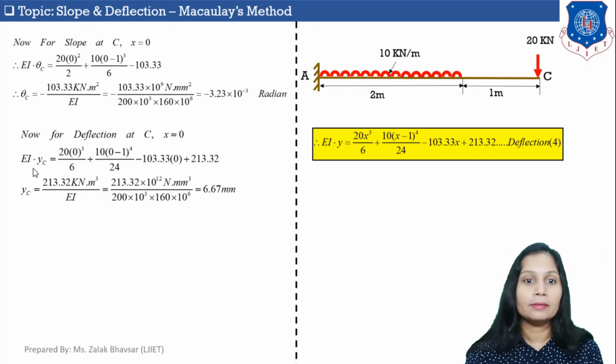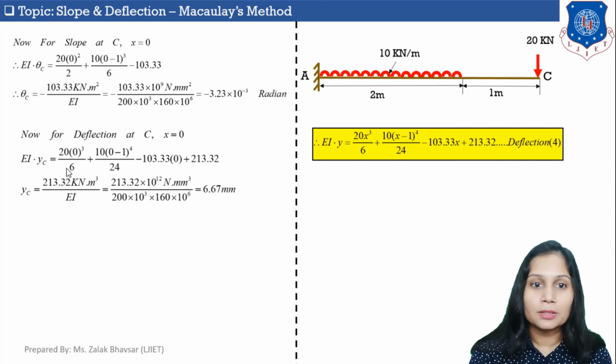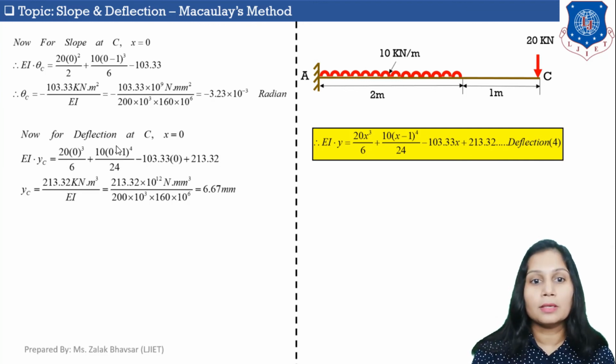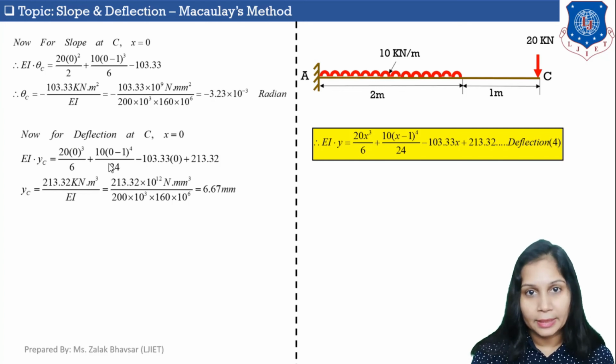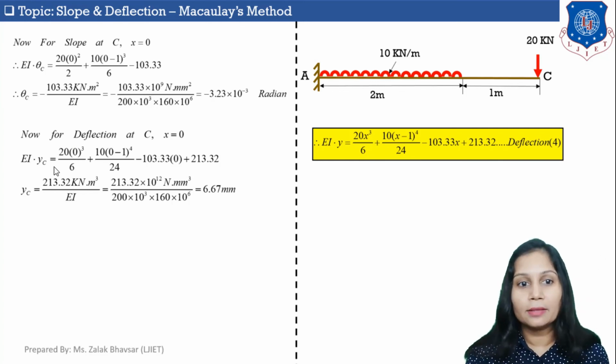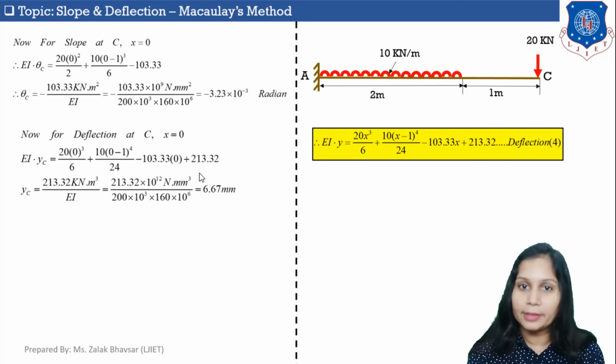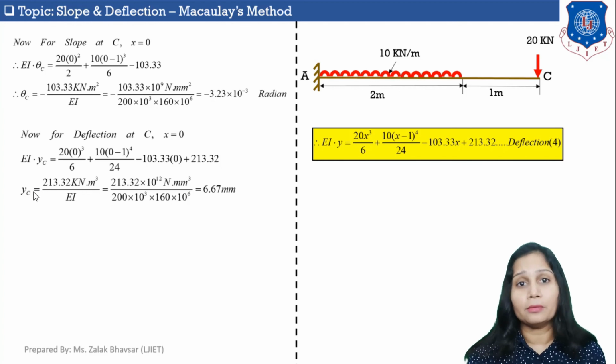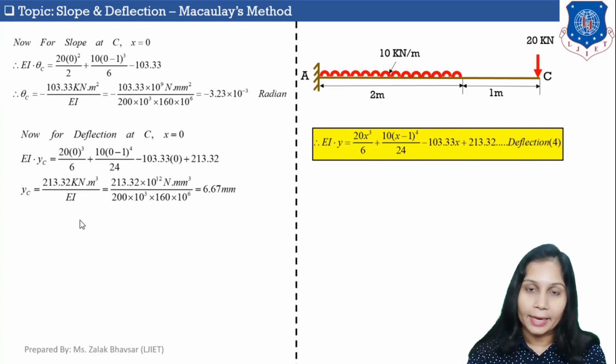In this case, the first term will be 0, the second term will be negative so we will neglect it, and the third term will also be 0. So we can say that EI into YC is equal to 213.32, so YC is equal to 213.32 upon EI.